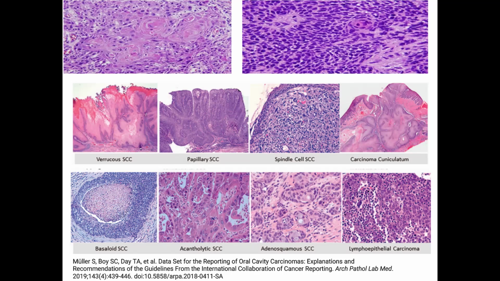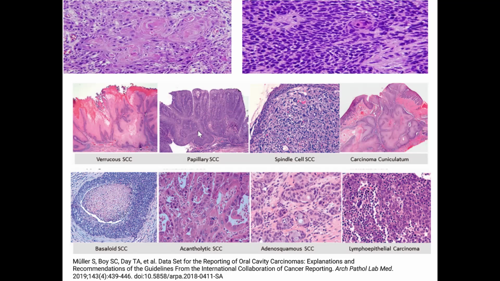They have a different morphologic appearance, and some of them are considered a little bit more aggressive, and some of them a little bit less aggressive than conventional squamous cell carcinoma. So as a general overview, these are the subtypes that I think about in the oral cavity and the larynx. The ones that are considered somewhat less aggressive are verrucous squamous cell carcinoma and carcinoma cuniculatum.